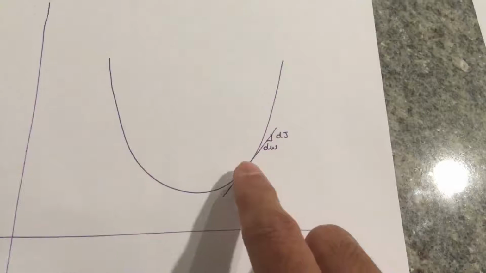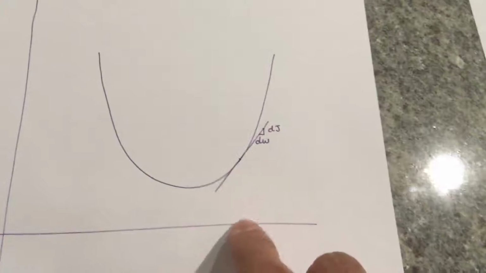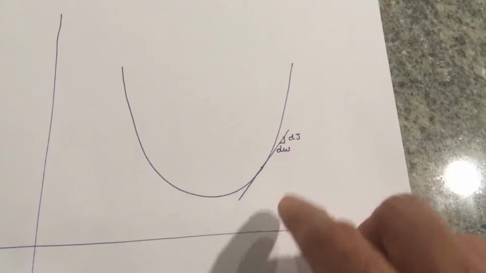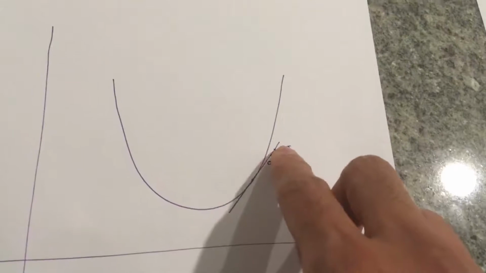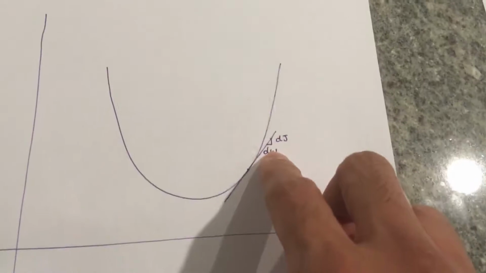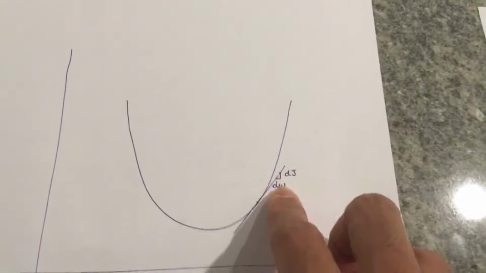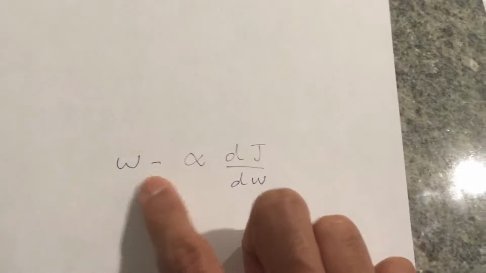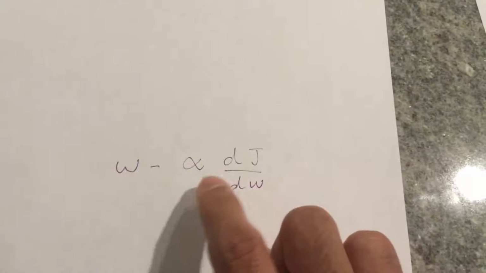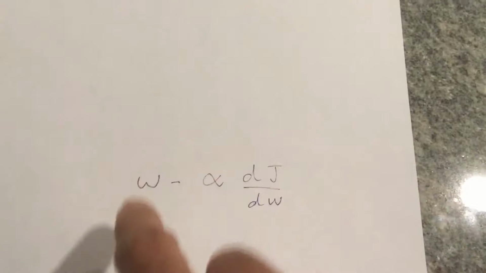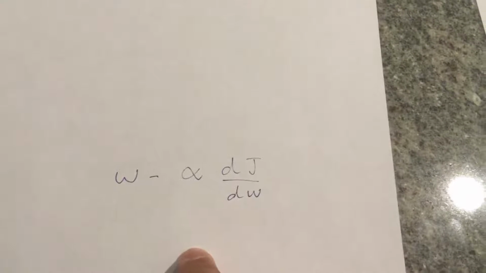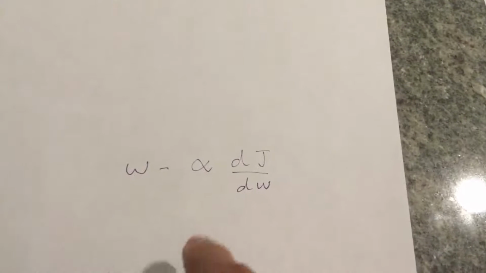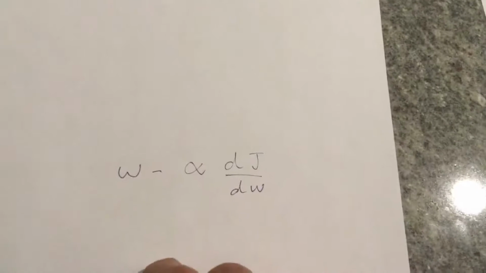So if we have to reduce the value of W from this point to somewhere here where the cost is minimum, we are going to be subtracting this dJ by dW multiplied by a small number from this W. When this happens, the value of W is going to reduce, and hopefully after doing it n number of times we will converge to our expected W.